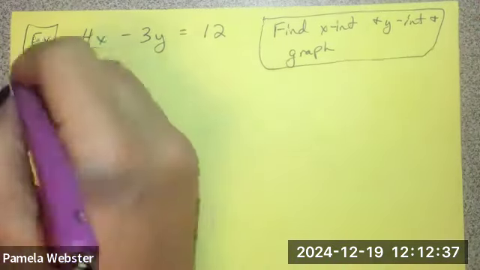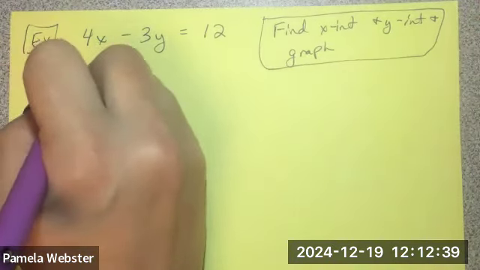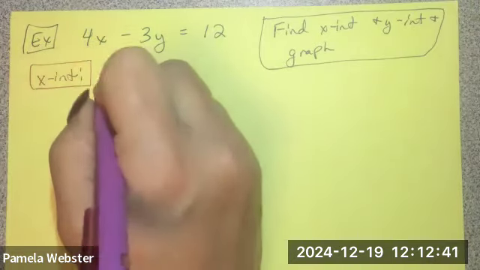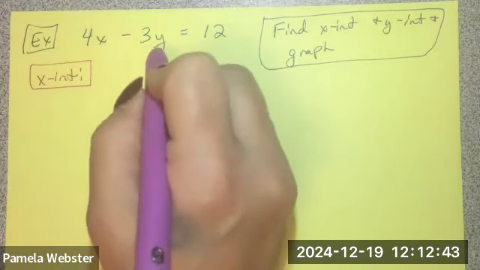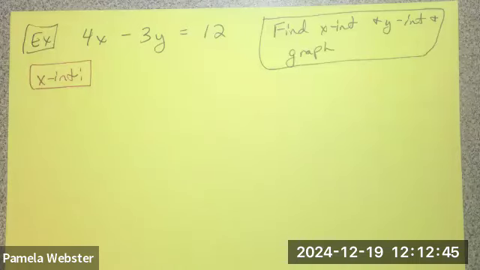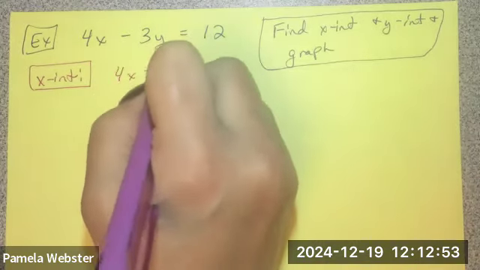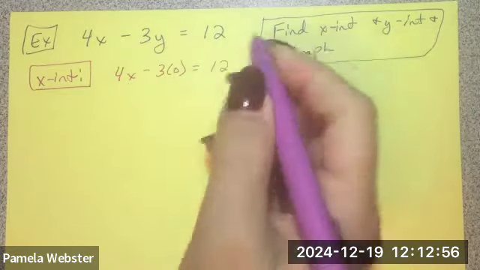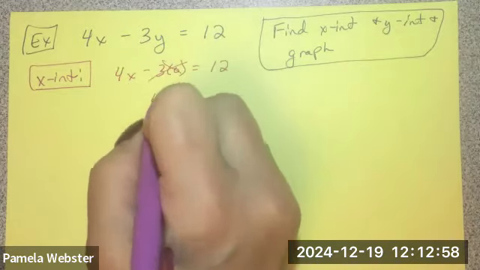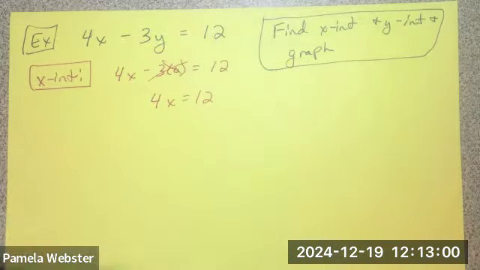Okay, so remind me, if you put in an x-intercept, you're going to get that by plugging in y equals 0. It's always the opposite variable. So if I want the x-intercept, I plug in y equals 0. If I want the y-intercept, I plug in x equals 0. Okay, so 4x minus 3 times 0 equals 12. That's going to go away. 4x equals 12.